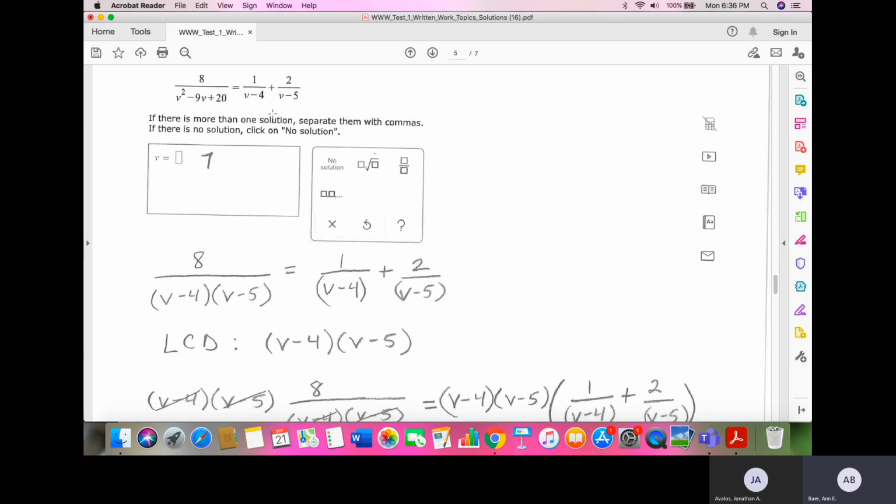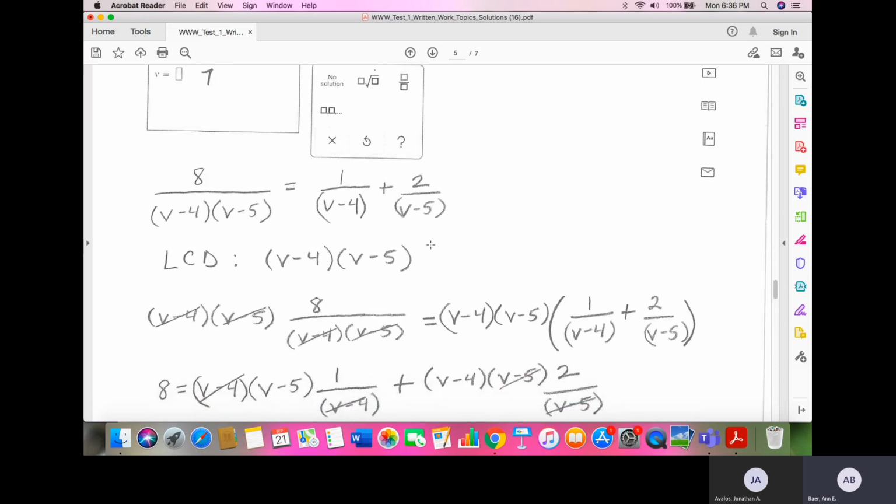So then I'm going to copy over the equal sign, and then copy over 1 over v minus 4, and I want to put the parentheses around it so it looks like this, plus 2 over v minus 5. Put the parentheses around this so it looks like this factor.